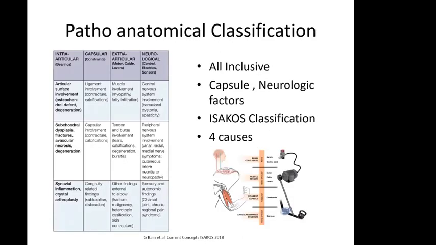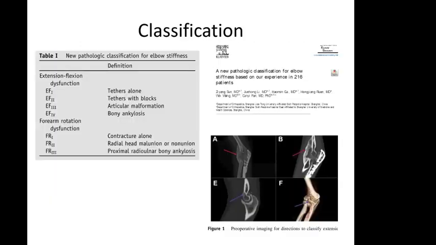Various other classifications have been developed. This all-inclusive pathoanatomical classification includes capsule and neurological conditions as separate entities. This classification from Shanghai is based on functional deficits involving flexion, extension, and rotation.